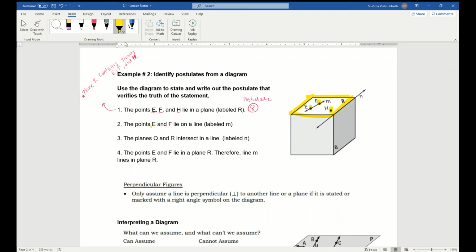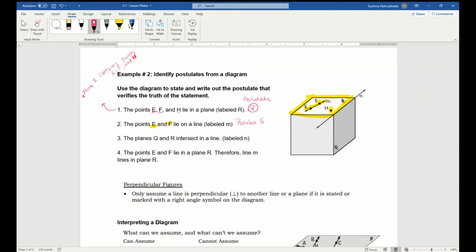Now, points E and F lie on a line, which is labeled M. So, again, did I start with the points or did I start with the line? I started with the points. So this would actually be postulate 5, which says, through any 2 points, there exists only one line.